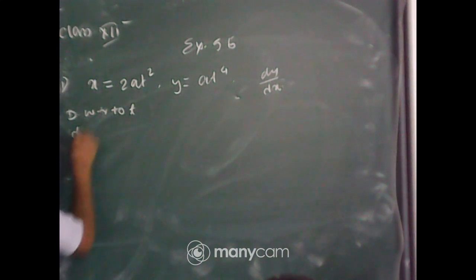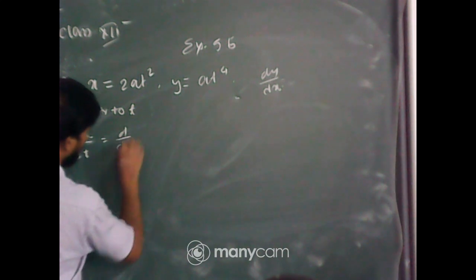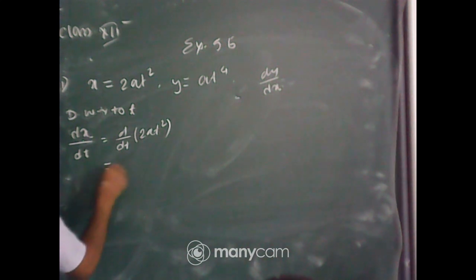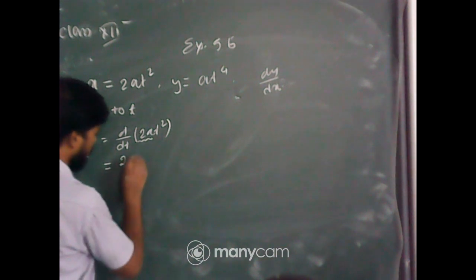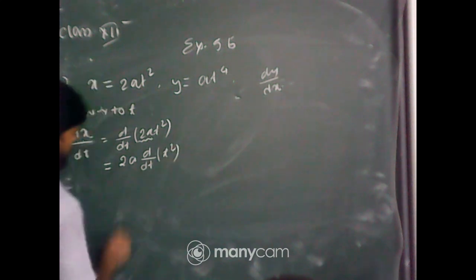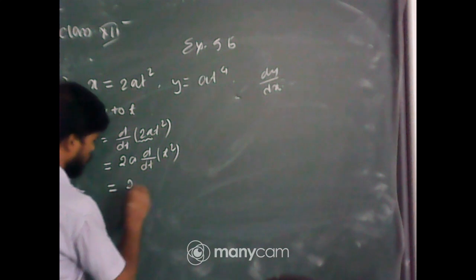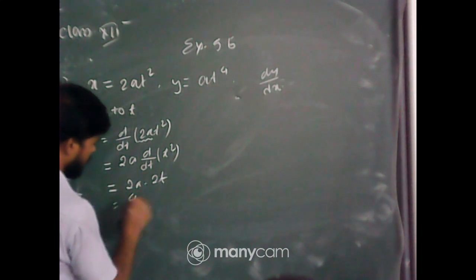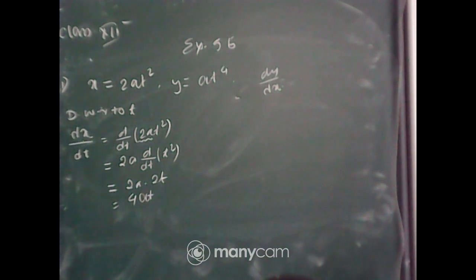We have dx/dt equal to d/dt of 2at square. Now 2a is a constant term, so it comes out of the bracket: 2a into d/dt of t square, and the derivative of t square is 2t. So dx/dt equals 4at.